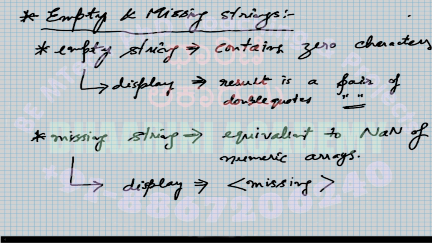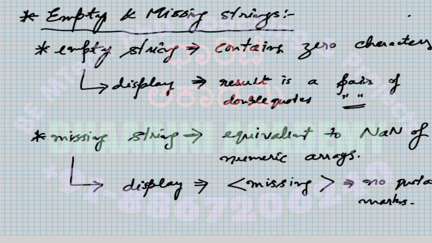So note that here I don't have any quotation marks. So this is the basic difference between the two types of strings that are possible in MATLAB. Okay, so we'll move on to the MATLAB window to verify this.